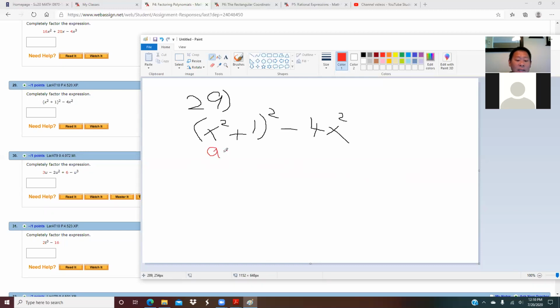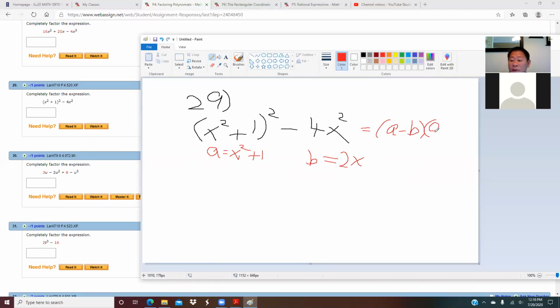Your A in this case will be x squared plus 1, because the whole thing is squared. And your B in this case will be the square root of 4x squared, which is 2x. And the formula says that if you have a difference of squares, this is going to be A minus B and A plus B.